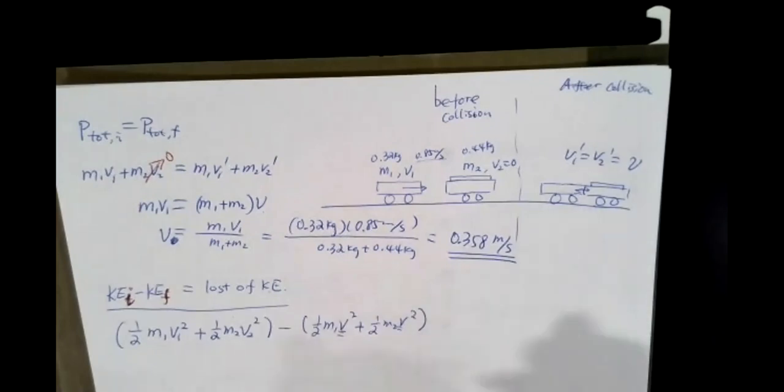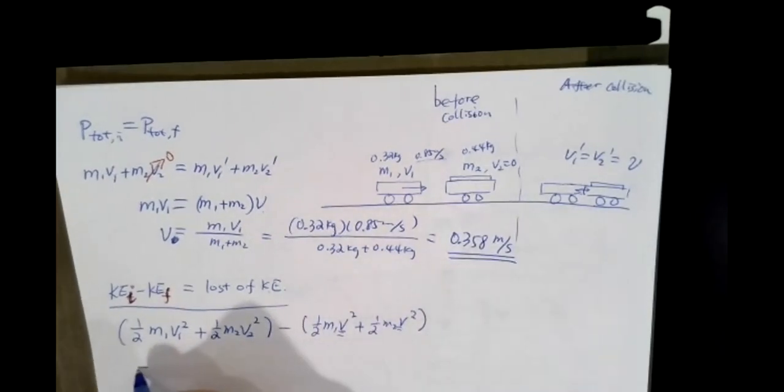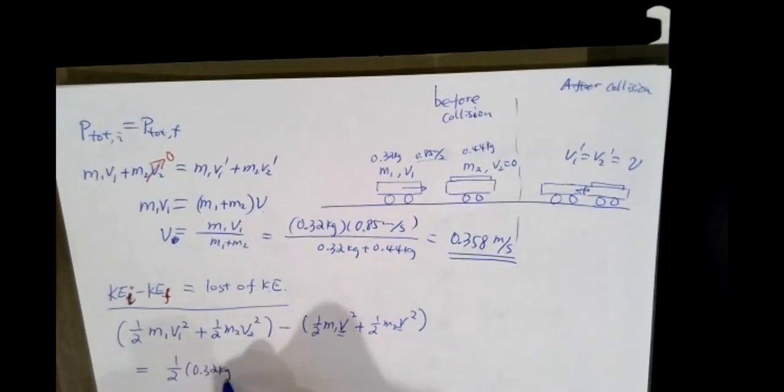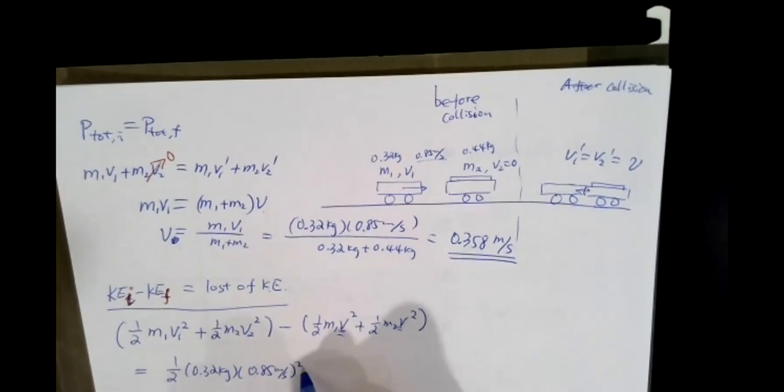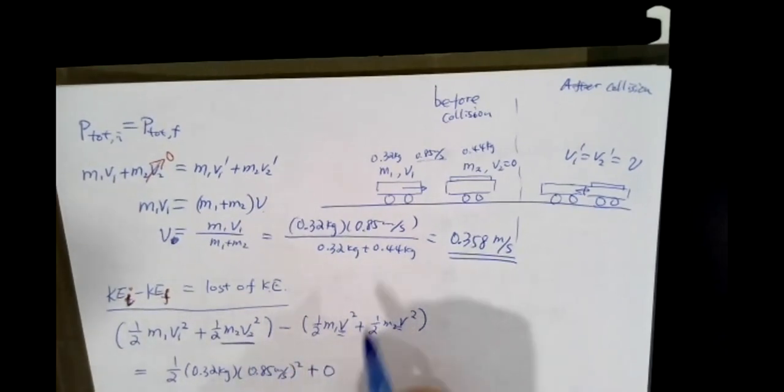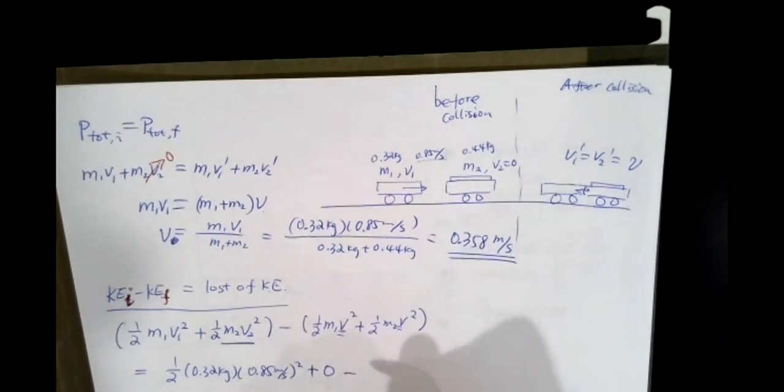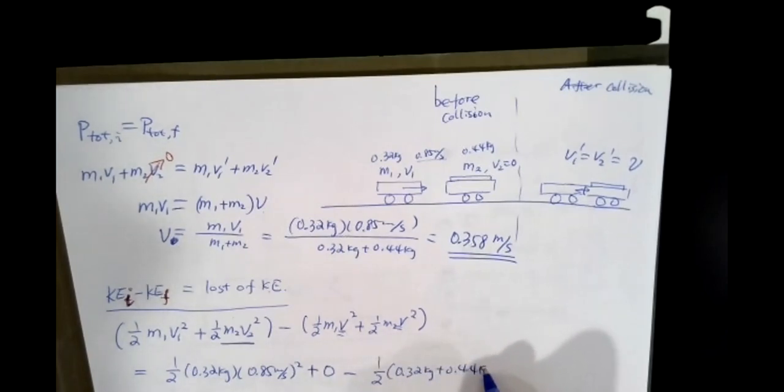Then plug in the numbers here. The first one will be 1/2 times 0.32 kilogram times the initial speed squared, plus this term, which should be 0 because initially the second car is at rest, minus 1/2, where you can combine m1 and m2 together because V is the common speed.